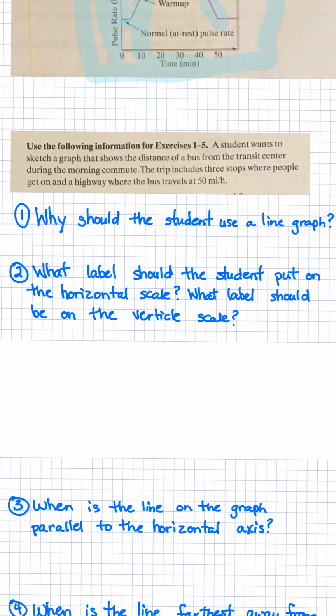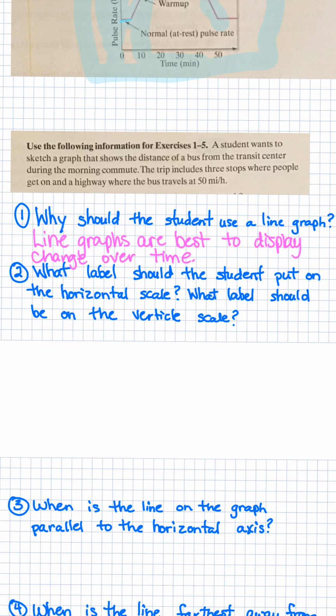So why should the student use a line graph? What are your thoughts? Well, really, a line graph displays the best change over time. So let's go ahead and put that down. What label should the student put on the horizontal scale? What label should be on the vertical?